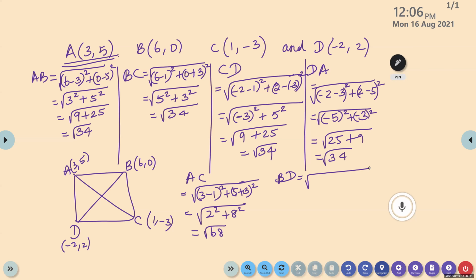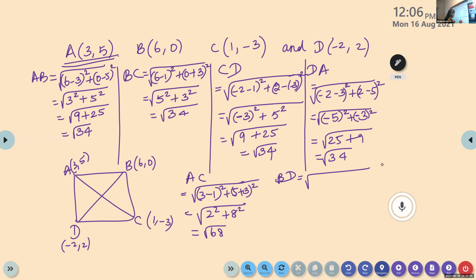Ma'am, I don't know how to find. Okay, distance formula. Do you know how to find distance? Distance is root of x2 minus x1 whole square, plus y2 minus y1 whole square.